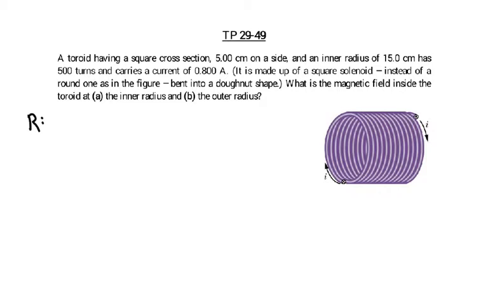So I know I'm going to have Ampere's law, and I know I have a toroid. The square cross section is going to play more into our draw step.